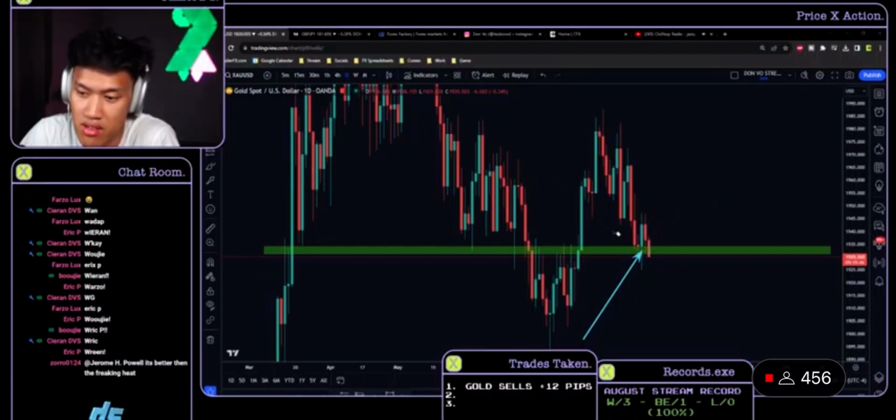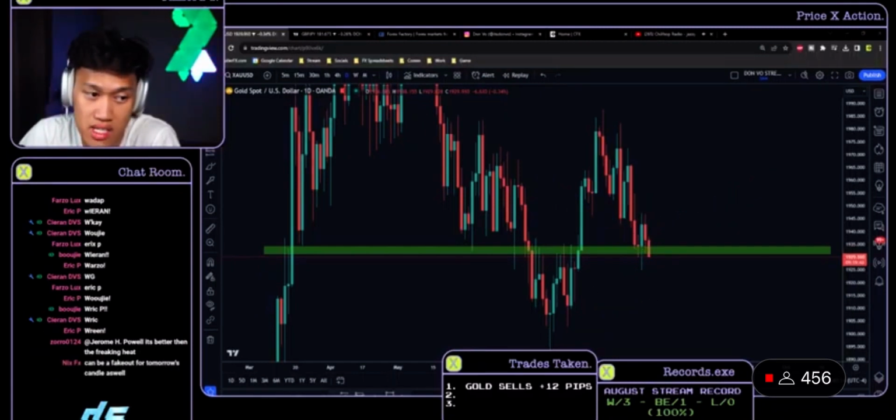Obviously the candle closed bearish last night, so it can continue to push down, fill the wick, but just remember, at any given point it could just flip bullish and end up doing something like this today, because it's still a bullish candle.